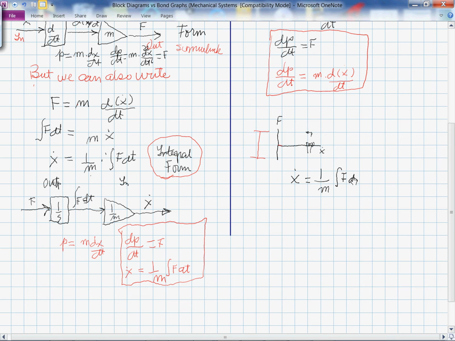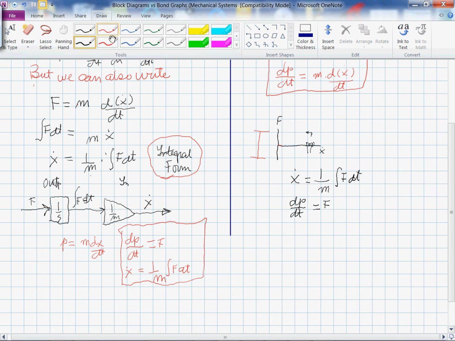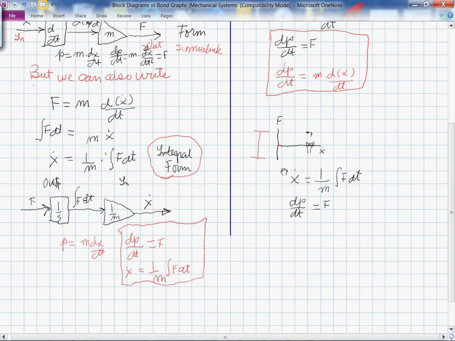We also know that dp dt is equal to f, and these two now become the equations for the integral form of this element in here. Let me just put them here like that. So this up here, this is the derivative form, and the one down here is the integral form.